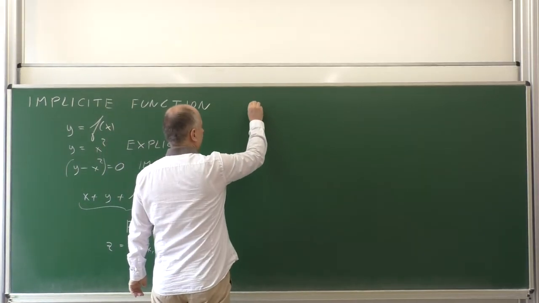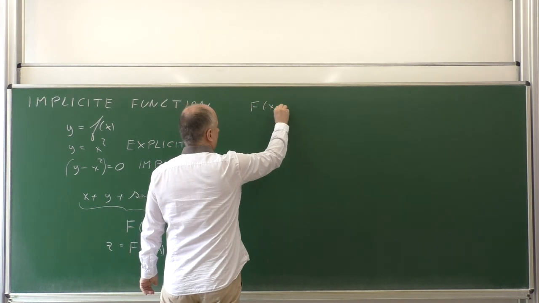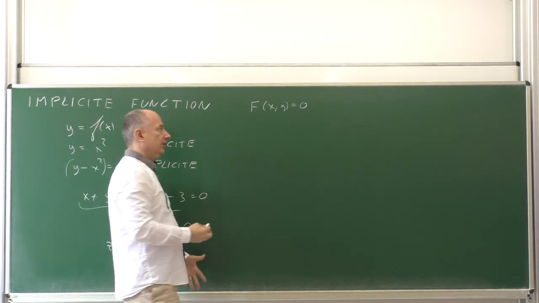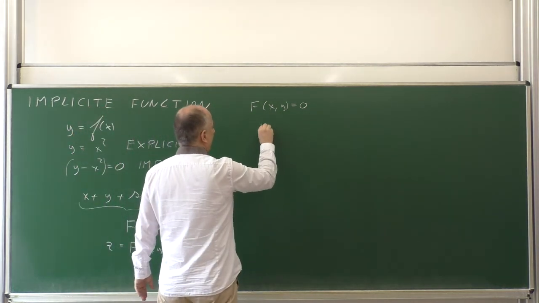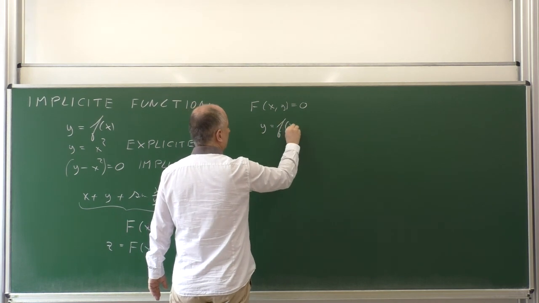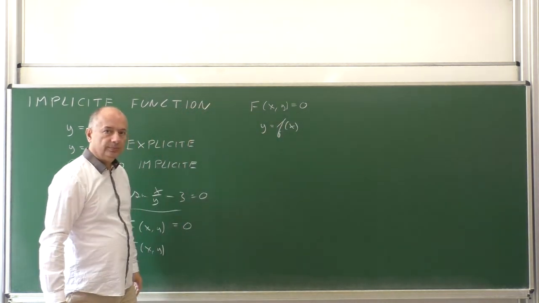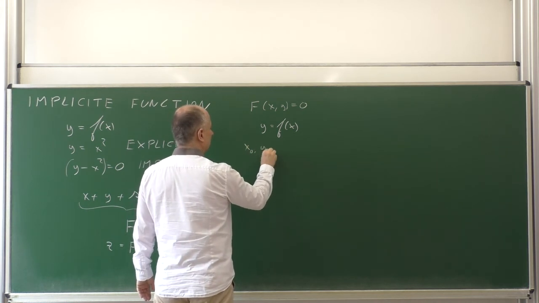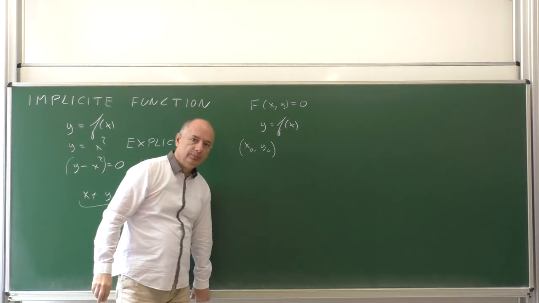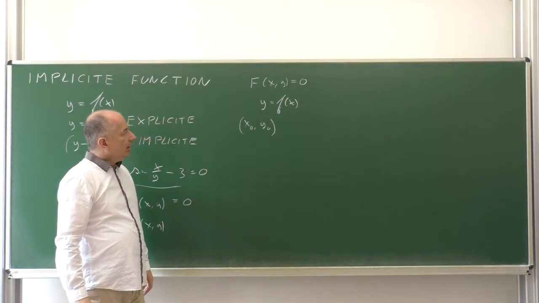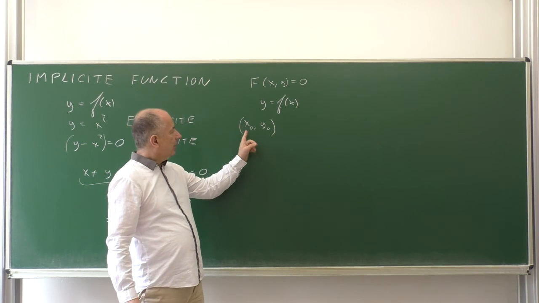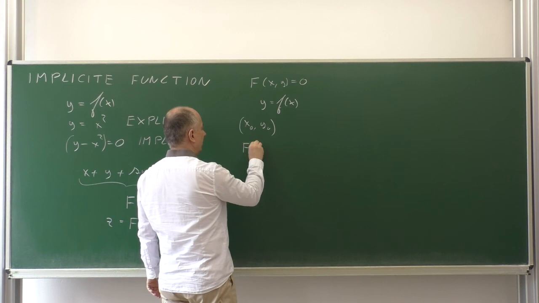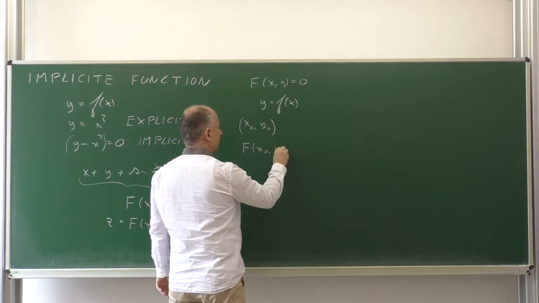We say the equation F(x,y) is equal to 0 defines in the implicit way a function y is f of x in some neighborhood of a point x0, y0 if, first, the point must be on this curve. That means the point must satisfy the equation.